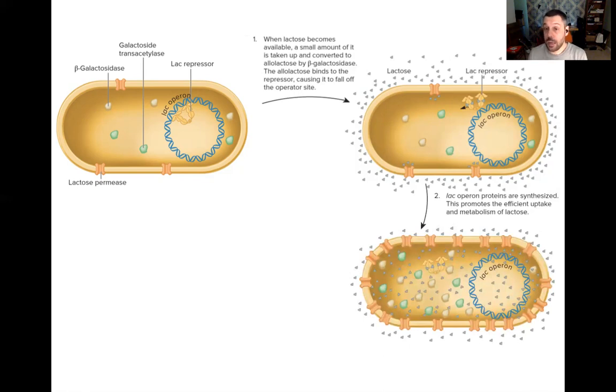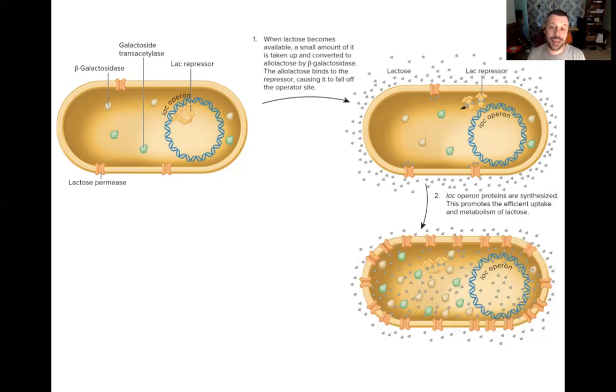And there's going to be lots more permease expressed too, because those three genes are all expressed at the same time. So here we have now tons of permease allowing tons of lactose in, allowing the cell to use that for its energy source. So great.